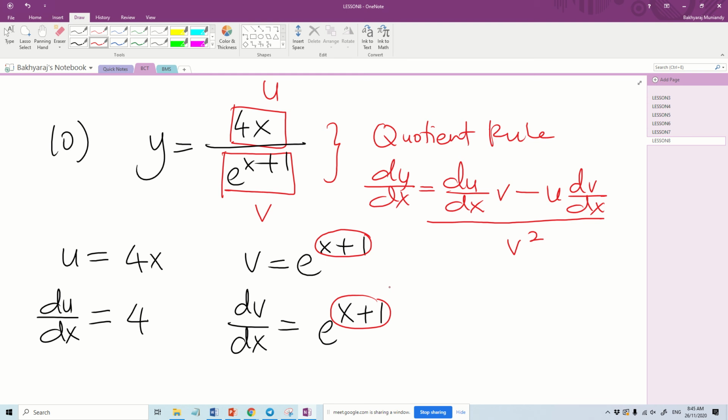So when you differentiate the exponent, the power won't change. It remains the same. What will change is the derivative of the u. You may get a different u, but the formula of the exponent will be the same. Okay, once you have that, then you can go for the formula. This time this, this time this, and we put it into the formula of the quotient rule.